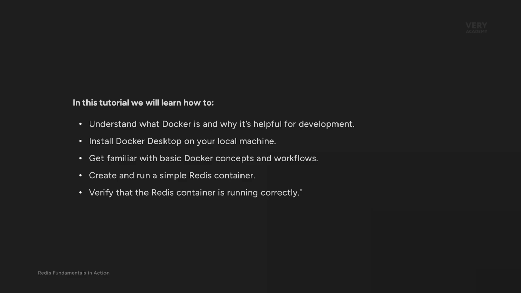Docker is going to allow us to create a container. We can start, we can stop, we can recreate. It makes creating our Redis environment really easy. So by the end of this tutorial, you'll have a working development environment ready for Redis.